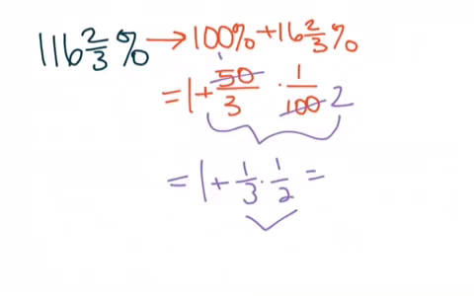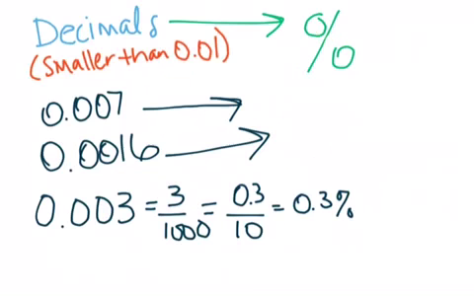So that's going to equal 1 and 1/6, because 3 times 2 equals 6 and 1 times 1 equals 1. So the equivalent fraction to 116 2/3% is going to be 1 and 1/6. If we do the equivalent decimal, all we would do is divide the 1 by the 6 and get 1 point, whatever that equivalent is. We're not going to do that right now.